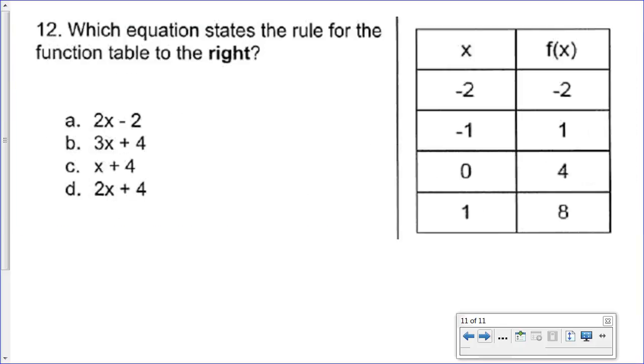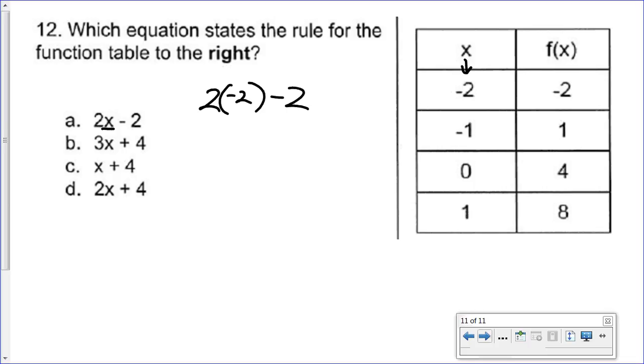Okay, so which equation states the rule for the function to the right? Same thing. We've been here before in several other problems. All we do is start plugging in. We pick this first one, and instead of this x, we plug in an x value, -2, and see what that puts out.